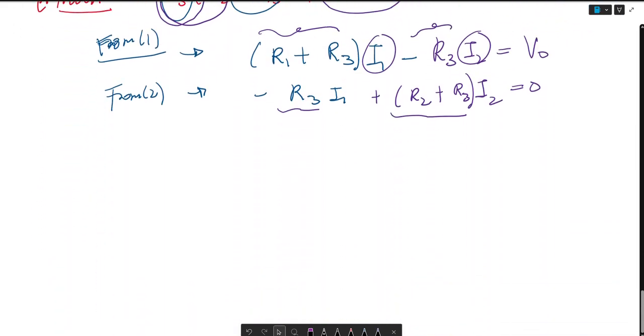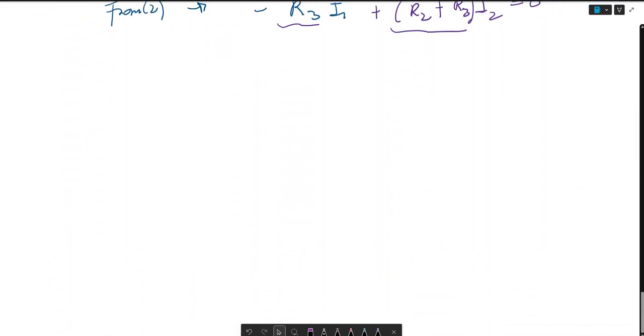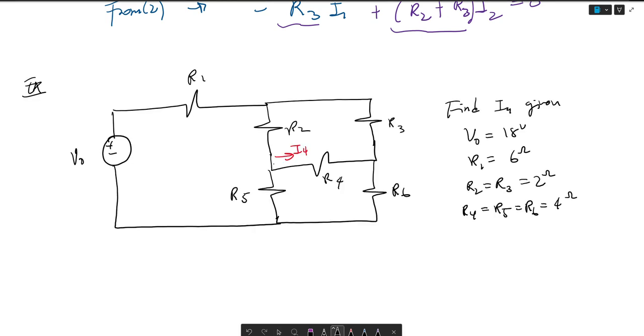So let's do a final concrete example. Imagine we're given that to find I4, given VO is 18 volts, R1 is 6 ohms, R2 and R3 are 2 ohms, and R4, R5, R6 are equals to 4 ohms.